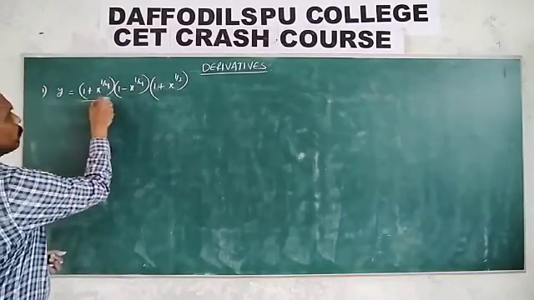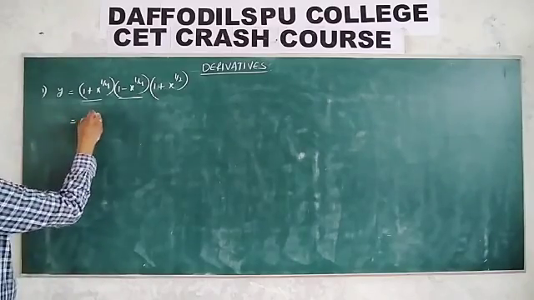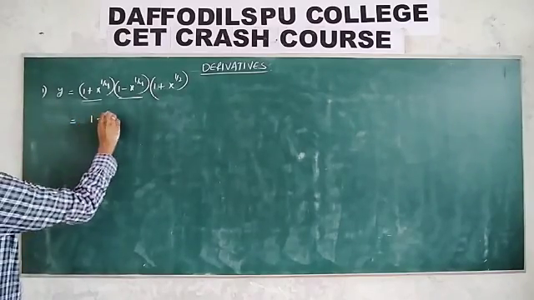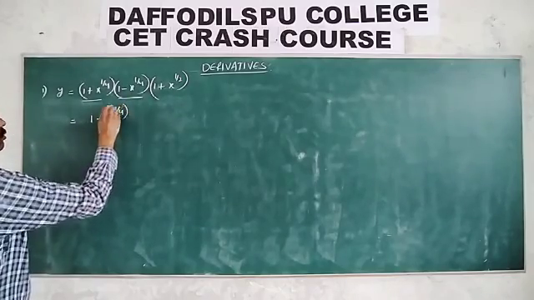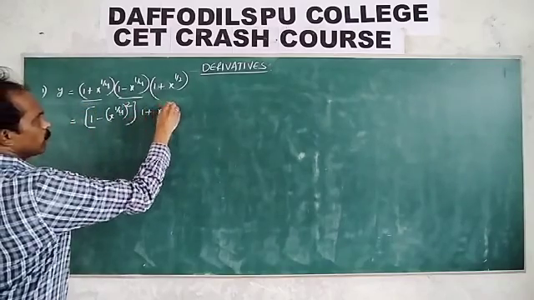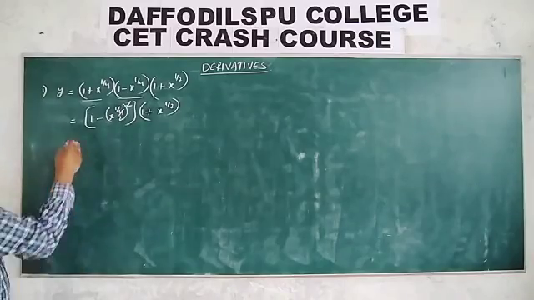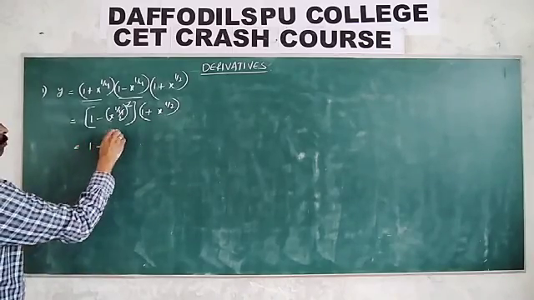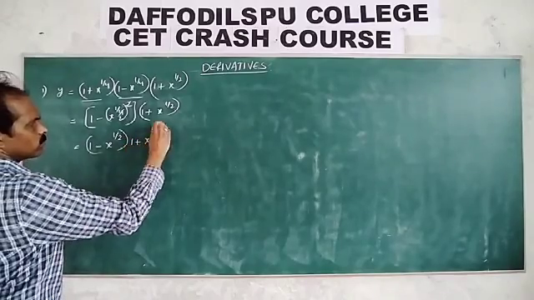This is in the form of a plus b into a minus b. What is the result? a square minus b square. So a square minus b square into 1 plus x to the power of 1 by 2. The square root terms cancel, and this value is equal to 1 plus x to the power of 1 by 2 into 1 minus x to the power of 1 by 2.